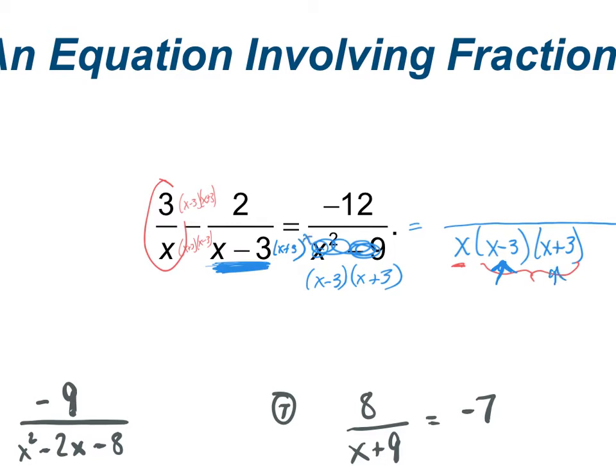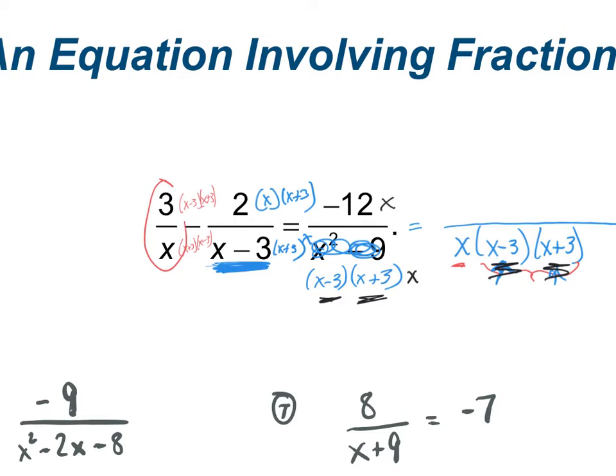The x. Okay, so I have x and x plus 3. What you do to the bottom, you do to the top. Then I look at the last fraction, and I say, okay, this one has the x minus 3 and the x plus 3. What is it missing? The x. So if I multiply the bottom by x, then I multiply the top by x.